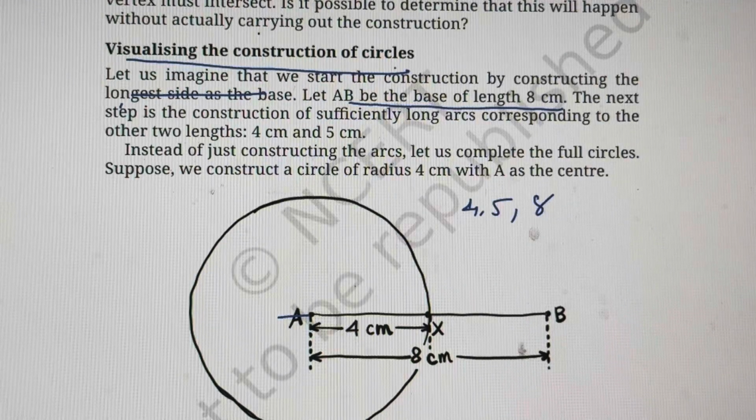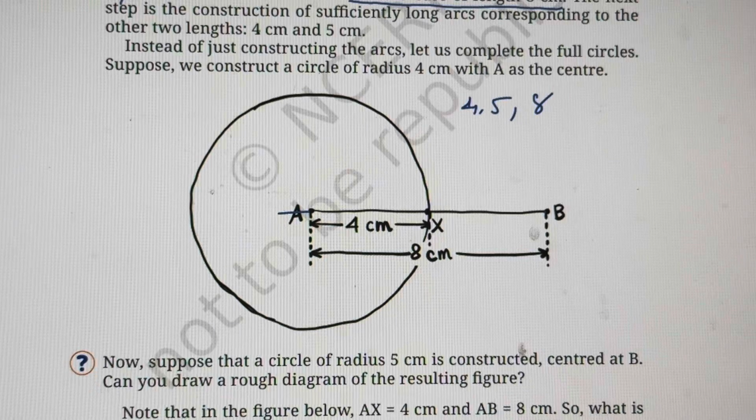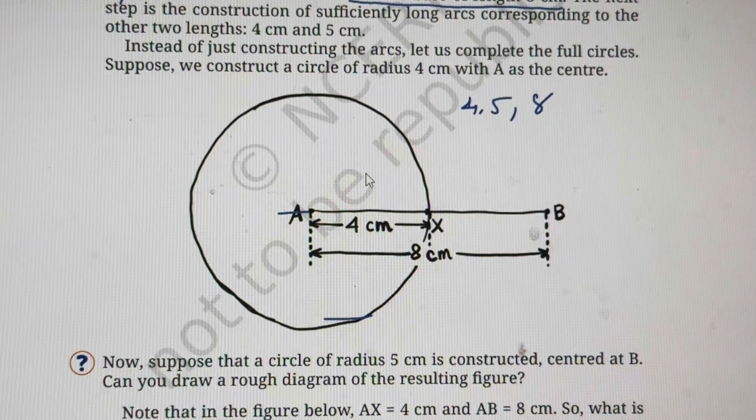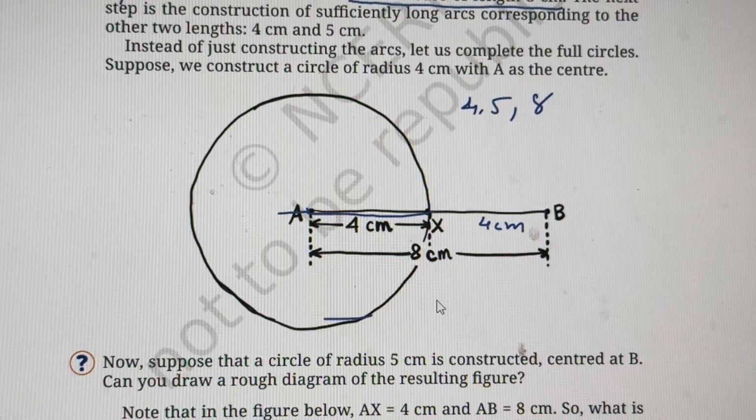So first, if we take 4 centimeter as a radius and we draw a circle, taking A as a center, a rough circle is drawn with the radius 4 centimeter. So this will be 4 centimeter. The total is 8, so remaining will be 4 centimeter, isn't it?